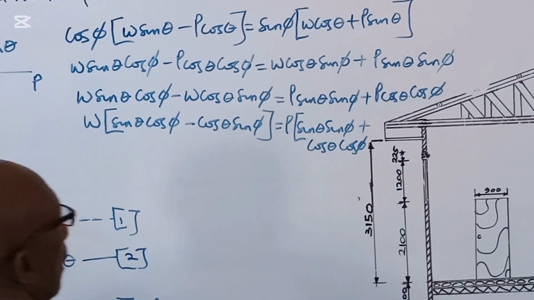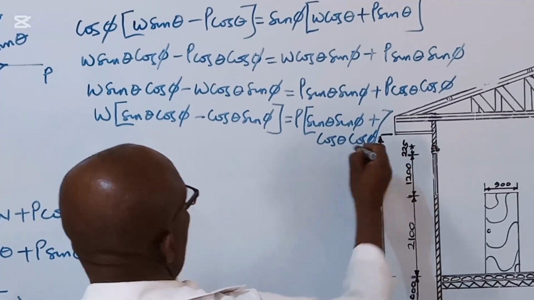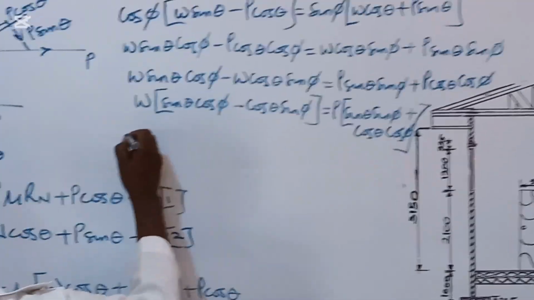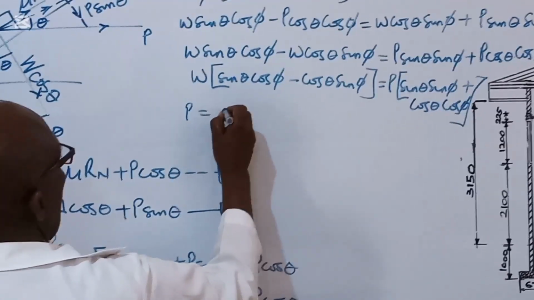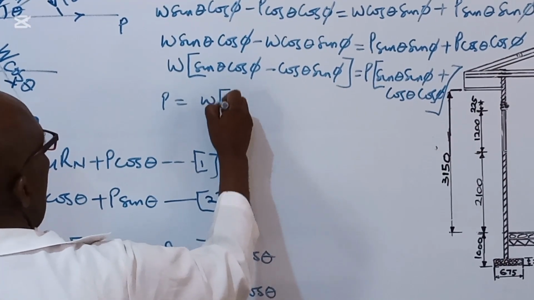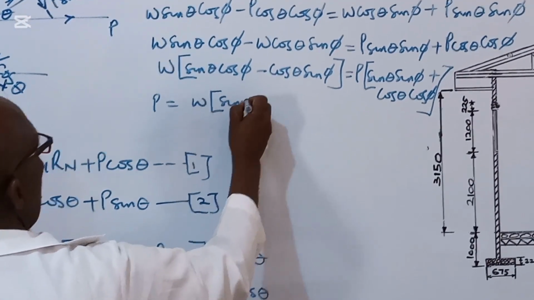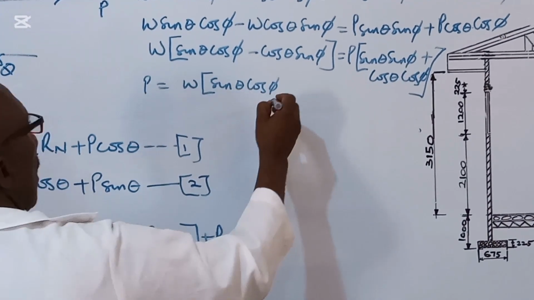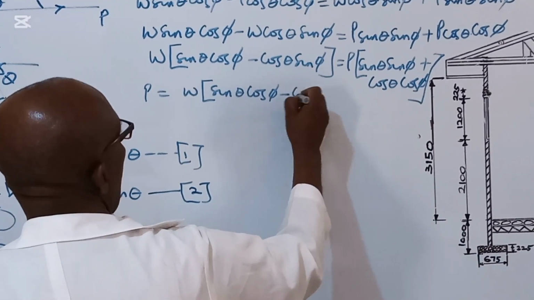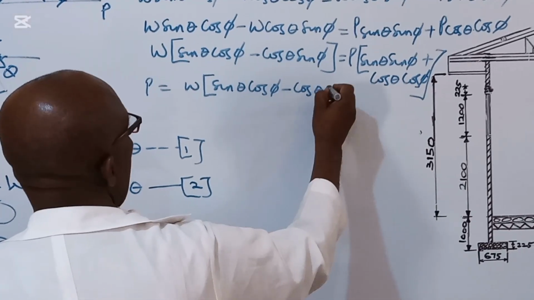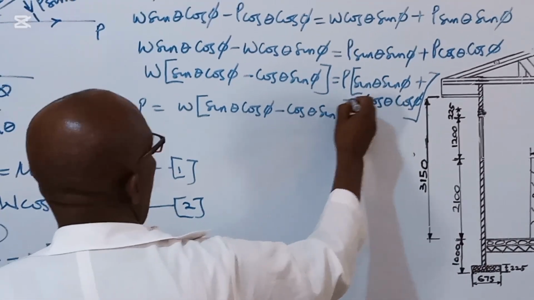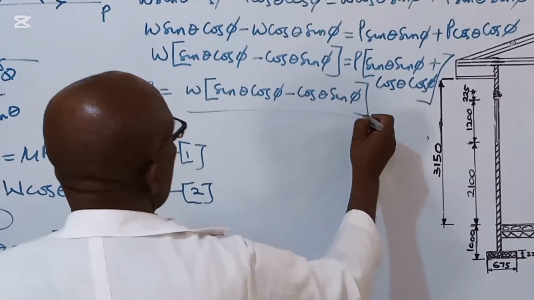Sorry. Now if I close my bracket like this, alright? Let me make P the subject of this formula. So P is equals to W open bracket sin theta cos phi minus cos theta sin phi all over what?